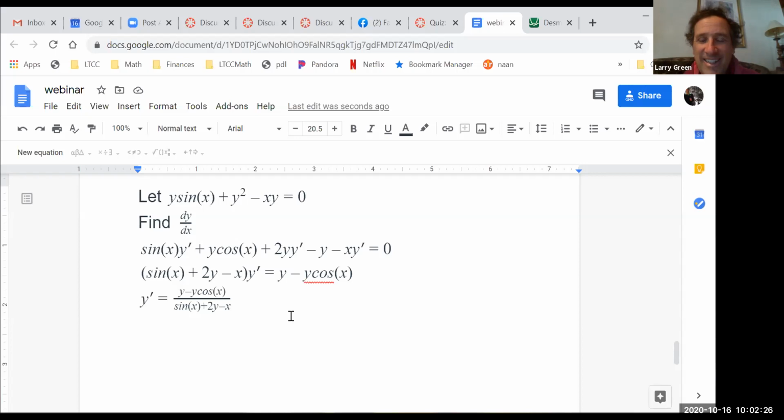I'd like to learn. How would you do it explicitly? You got to get y by itself over here. What algebra would you use to get y by itself? Okay, actually, this one you could do, but my guess is you wouldn't want to. Now that I'm looking at it, this one is possible. Okay, but you don't want to do it.